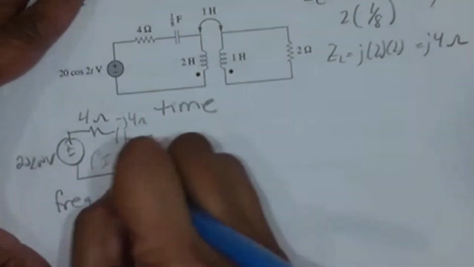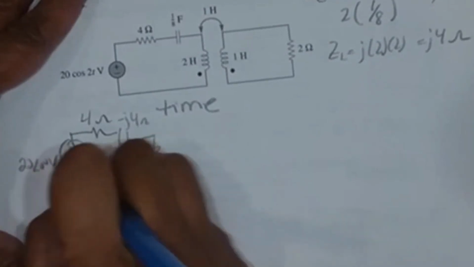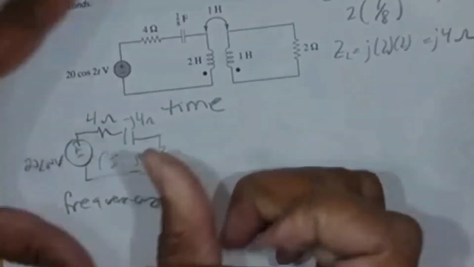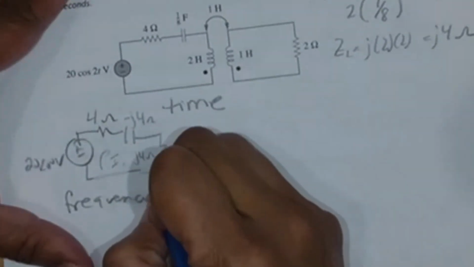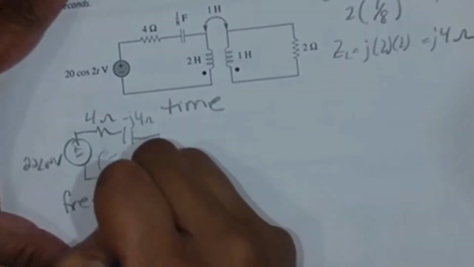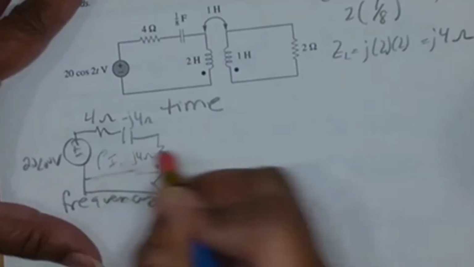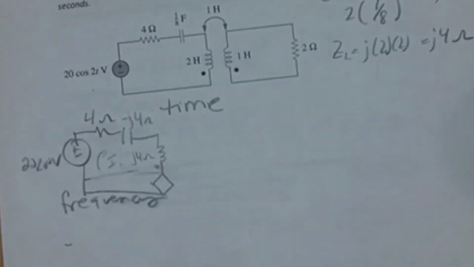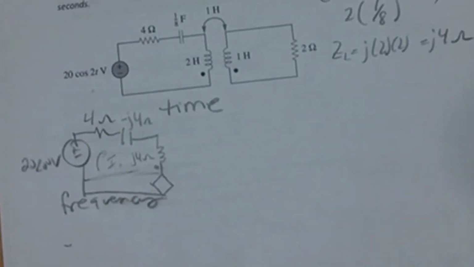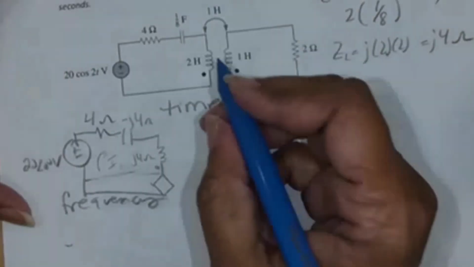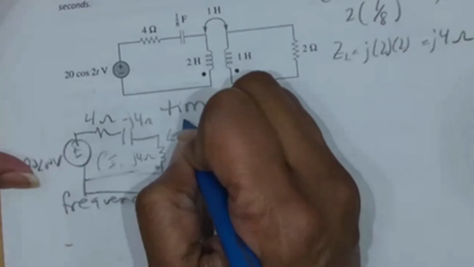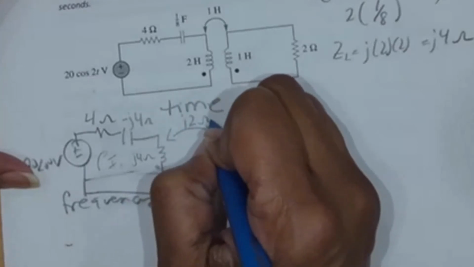Sorry about that. It's not 0 because I don't have an open circuit. Okay, I'm going to model the induced voltage as a dependent voltage source. So here is M, that's J2 ohms.